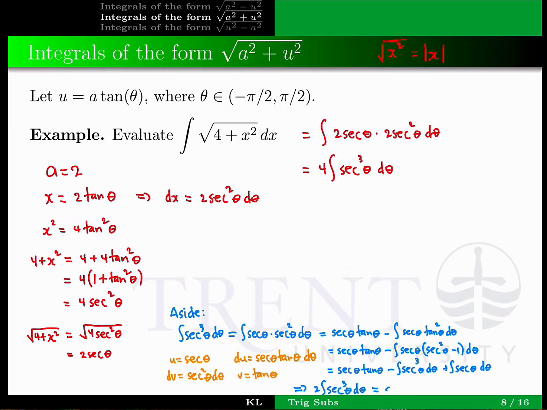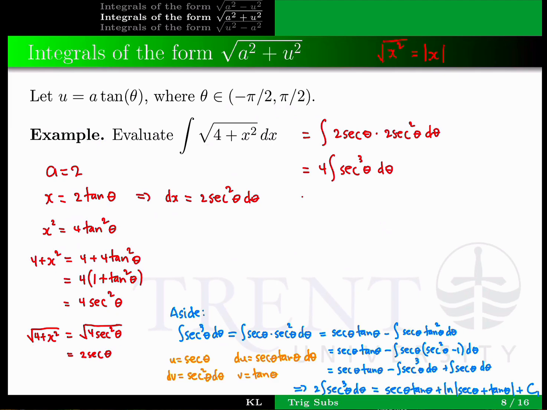This will be equal to secant theta tangent theta, and then the integral of secant theta, that's just ln absolute value of secant theta plus tangent theta, and then plus some constant, say c sub 1. And then we divide everything by 2, and we will have the integral of secant cube theta.